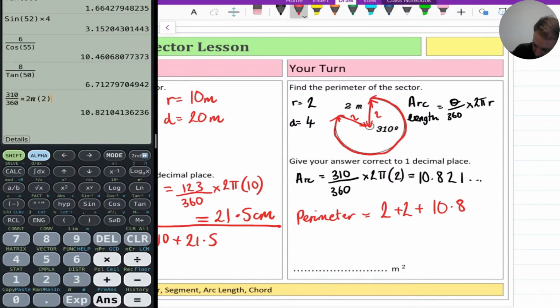So 2 plus 2 plus 10.8 is going to be equal to 14.8 meters. Brilliant.